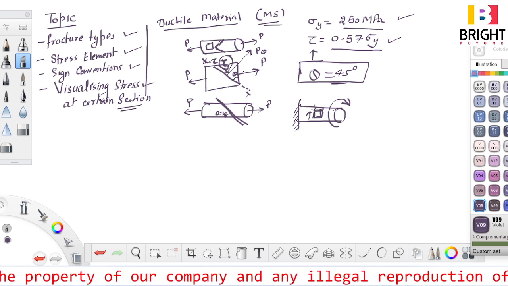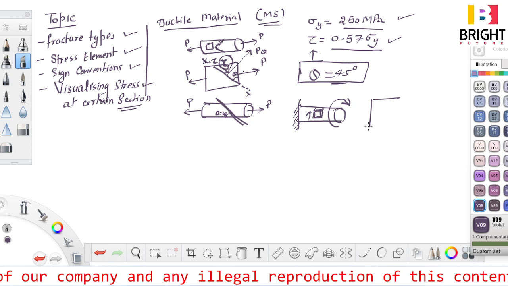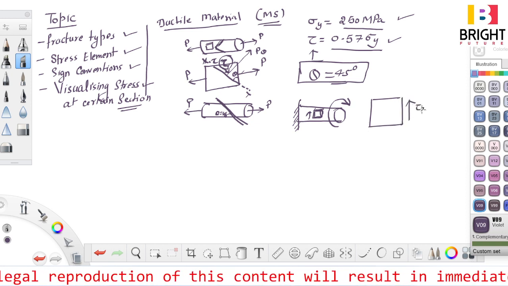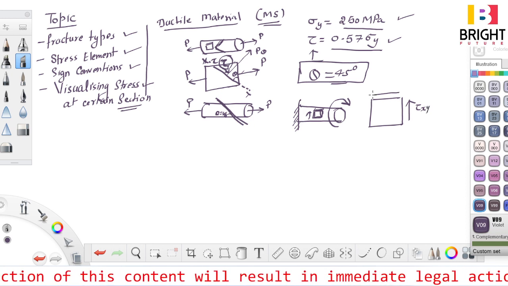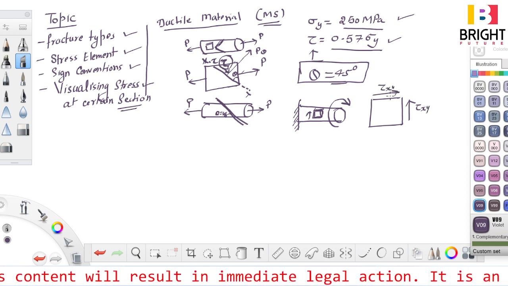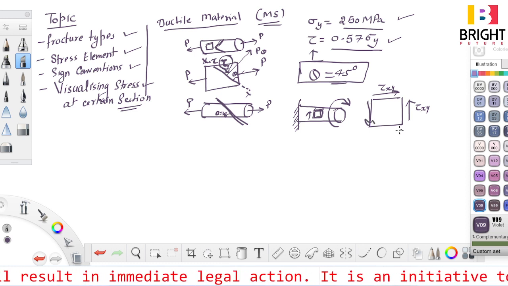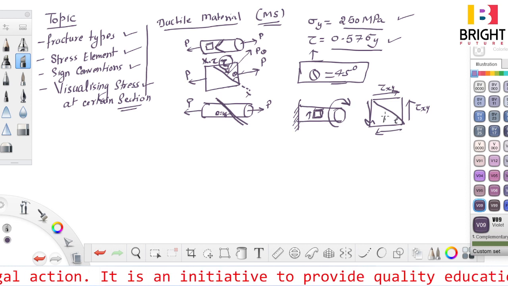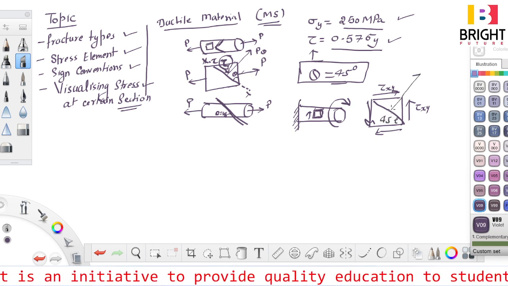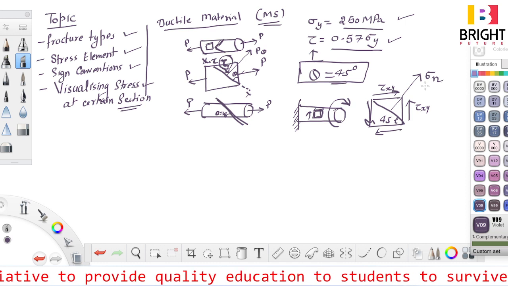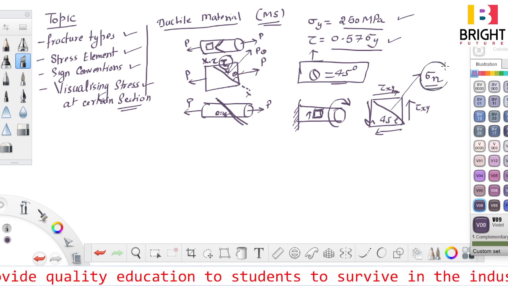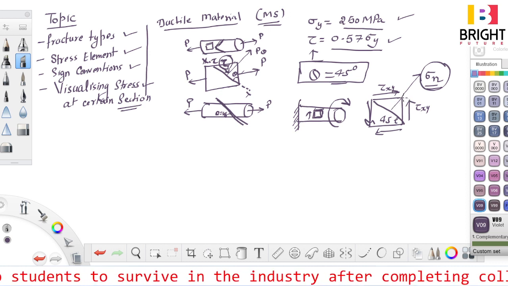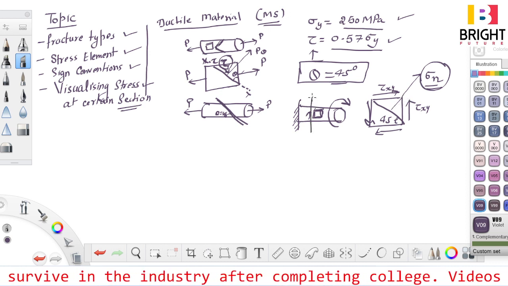So if I draw the stress element over there, then you will find this will be tau xy, this will be tau xy, and at 45 degrees from here, this will be sigma normal stress, but sigma normal will be less, right?